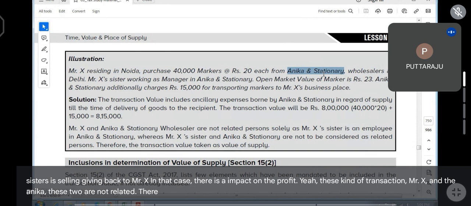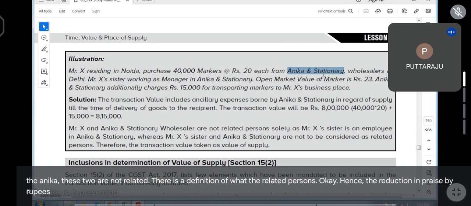There is a definition of related persons. Hence the reduction in price by rupees 3 per marker is not to be added back. Why? Because Mr. X and Anika are not related persons.